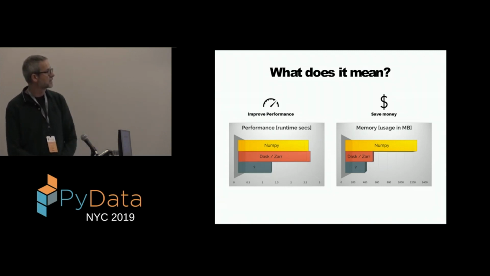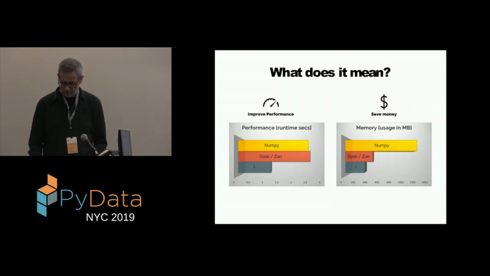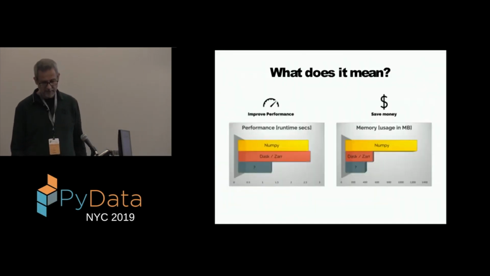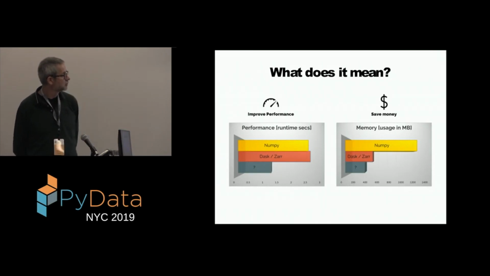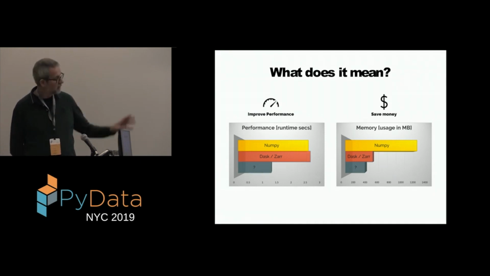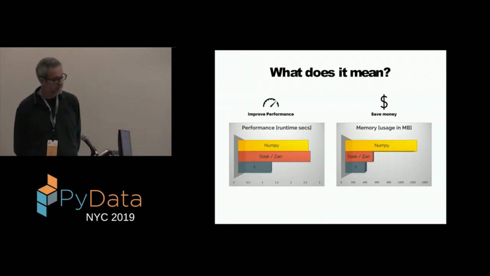Having high performance, increasing the performance of the big data application. On one hand, we want to improve performance compared with other existing applications like NumPy or typically Dask on top of Zarr; we want to get better performance than that.